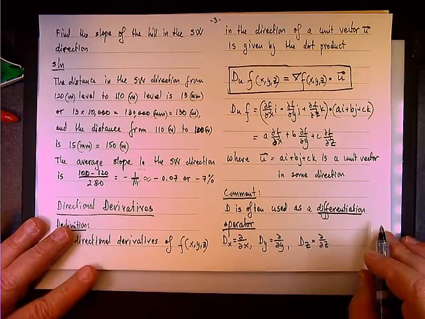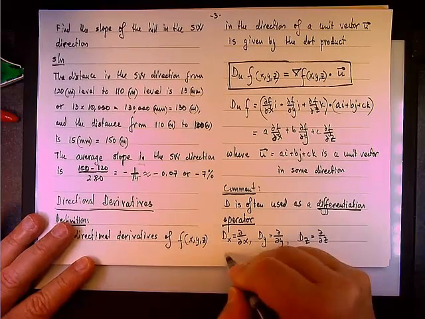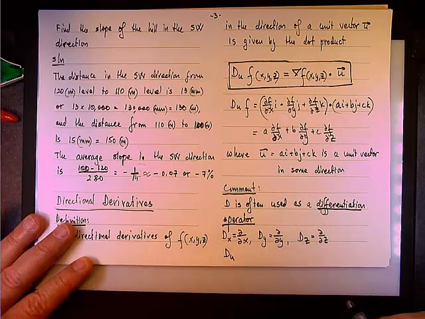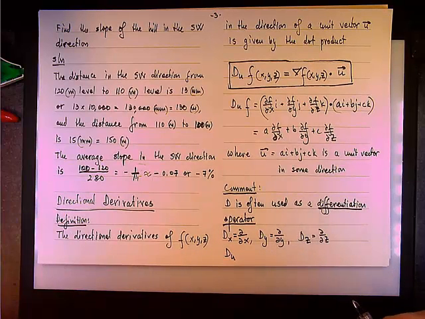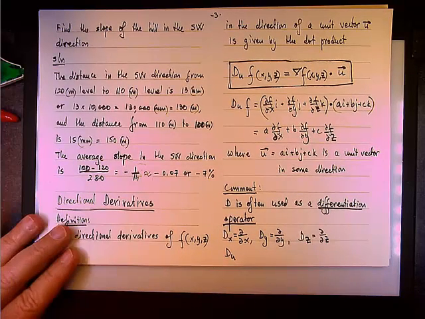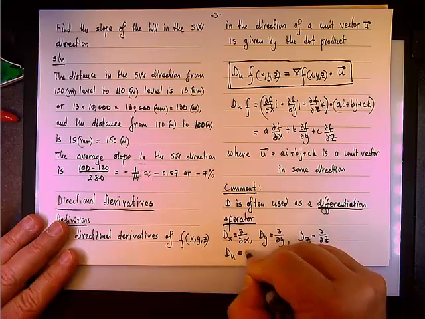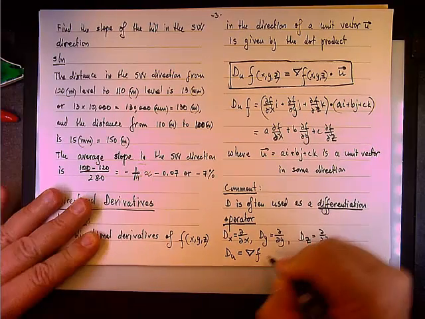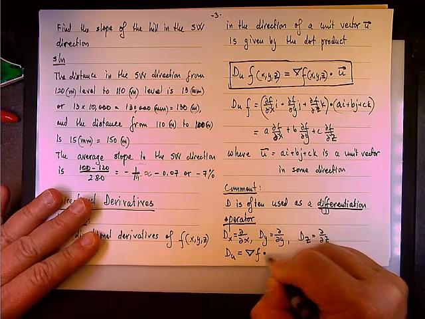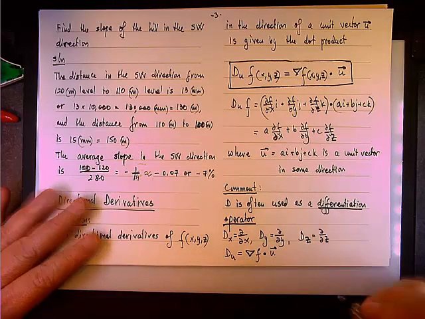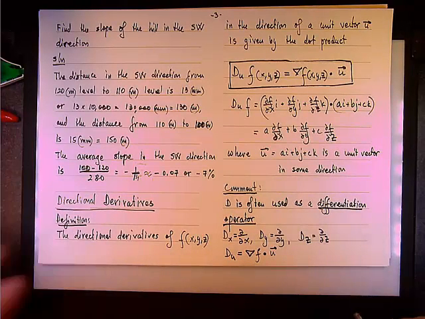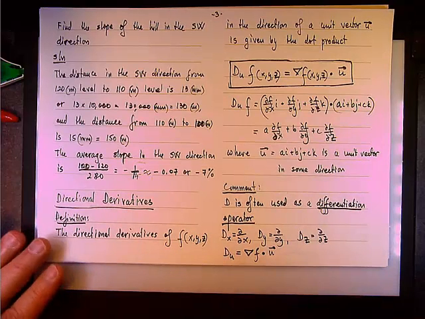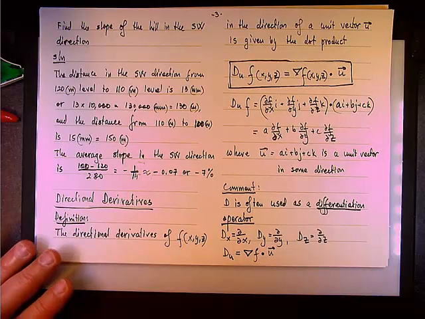Okay, and in this case we have d sub u, the derivative in the direction of u. Again, it's defined as the gradient of f dot product with u. So it's the directional derivative. So that's why the letter D is used in this manner.